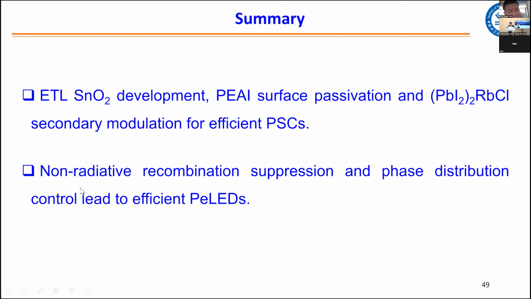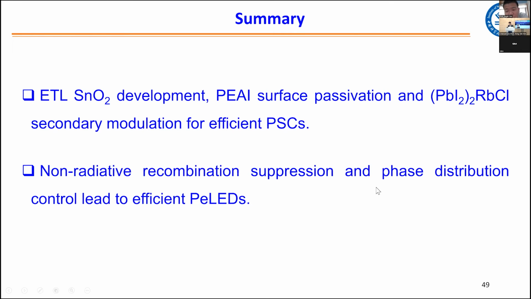And for the light emitting diodes, we introduce some molecules into the surface and also in the bulk, passivating the surface and bulk, to reduce the non-radiative recombination and enhance the perovskite light emitter efficiency.